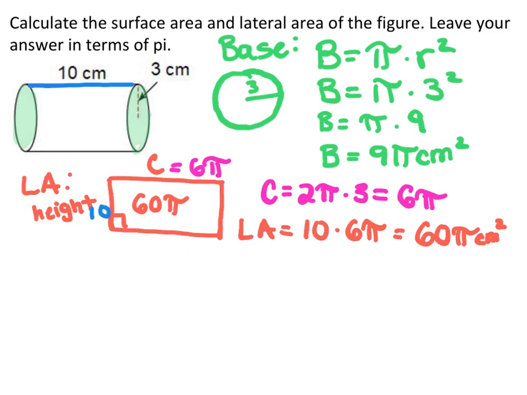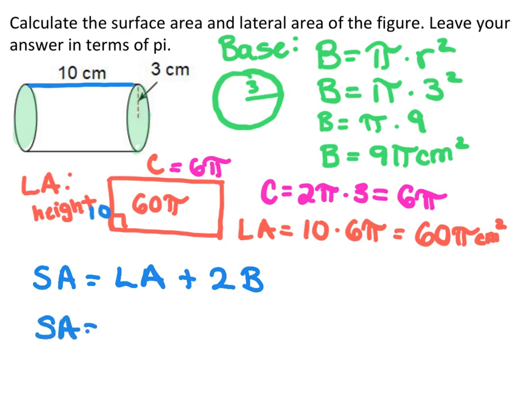Now putting this all back together for surface area, our surface area is the lateral area plus 2 times the area of the base. So the surface area equals the lateral area, 60 pi, plus 2 times the area of the base, 9 pi.